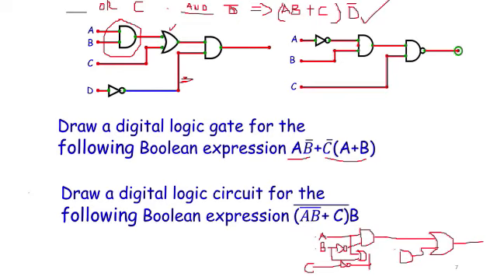Let's go back. Sorry. So I already have this OR between A and B here. Take it here. Then I get myself a negated C here. Okay, so that's the circuit.